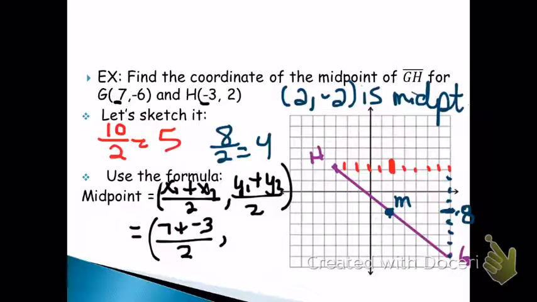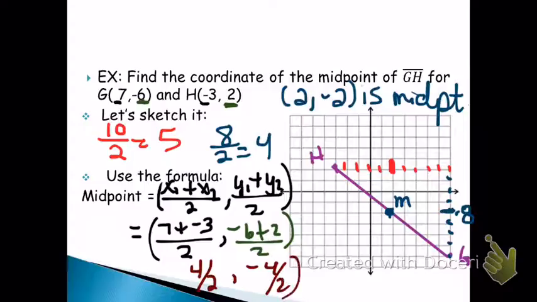And then the second numbers are y's. And then you simplify. Midpoint.